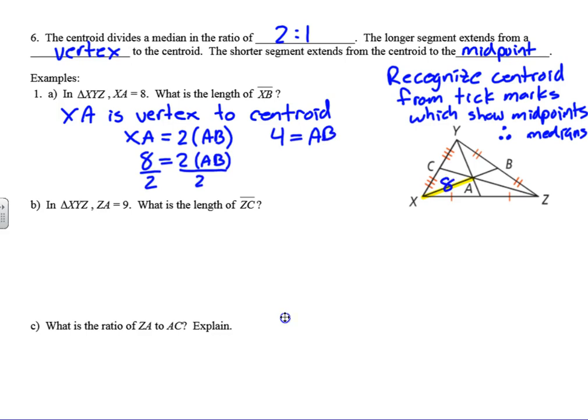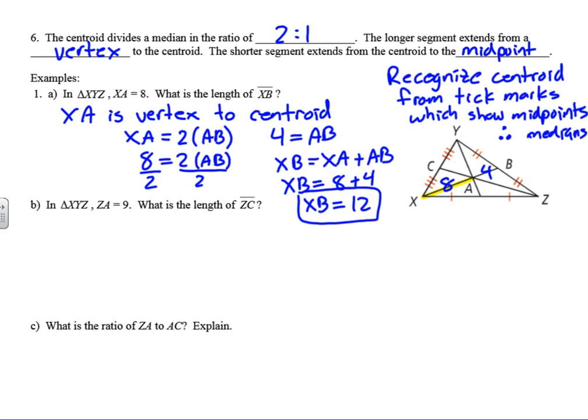So I've got a length here of 8 and I got a length here of 4. What is the length of XB? Well, XB equals XA plus AB. So XB equals 8 plus 4. XB equals 12. All right, so walking you through that process.